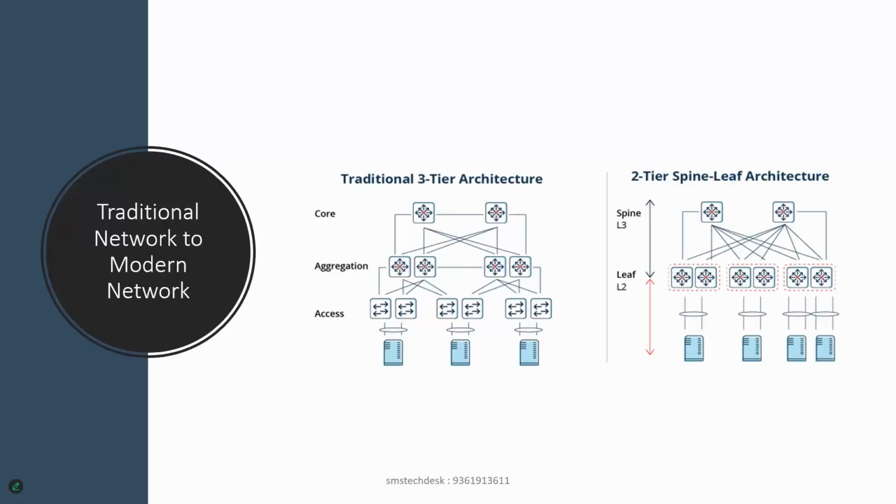And if you need more bandwidth, you add a spine switch. That's it. The design works very well with modern applications and virtualization. And it is the base architecture used for software defined networking and NSX. So before we move to NSX, it's important to understand this shift from three-tier to spine leaf architecture.